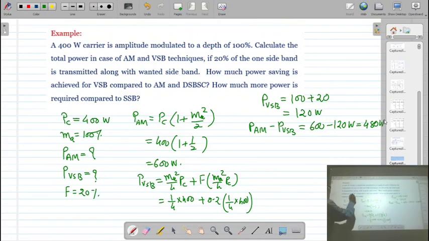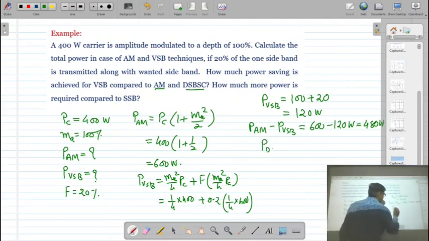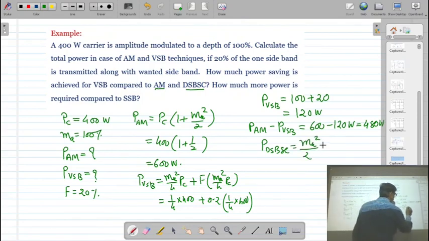Then compare to AM and then compare to DSBSC. So we have to calculate the power of the DSBSC. That is ma square by 2 into Pc, and if you calculate this, it comes out to be 1 by 2, and Pc is 400.